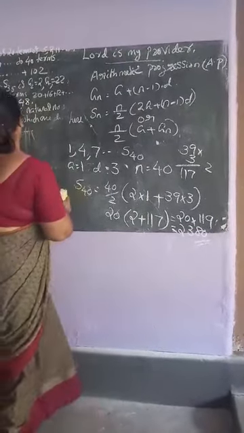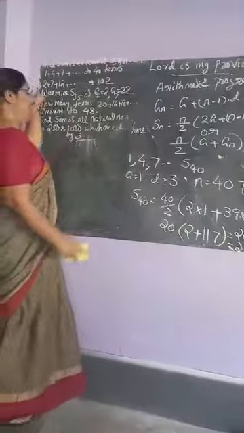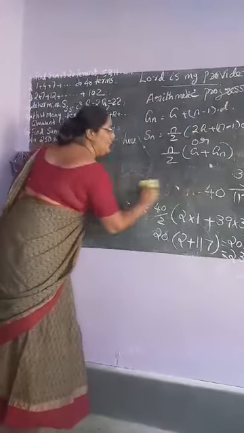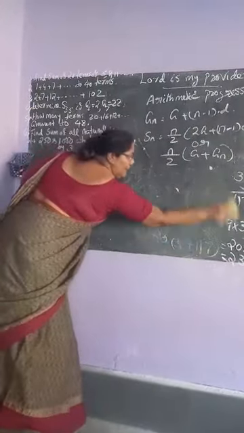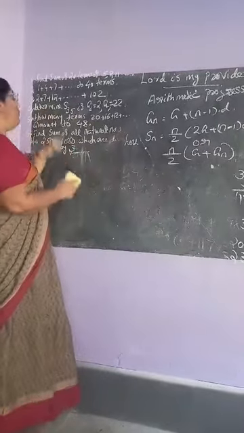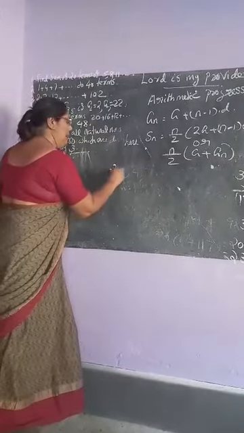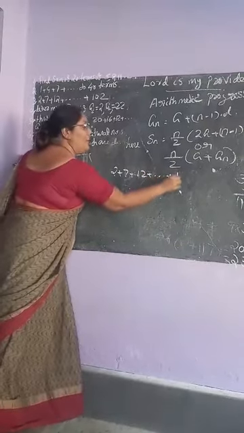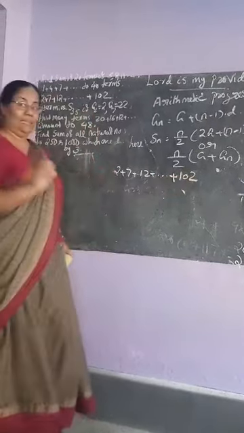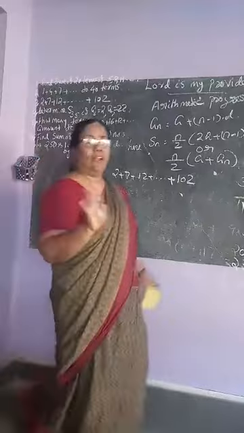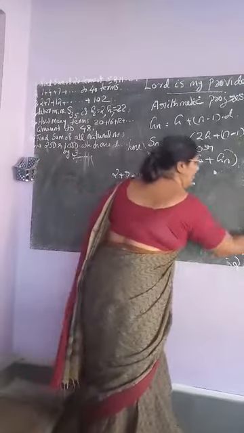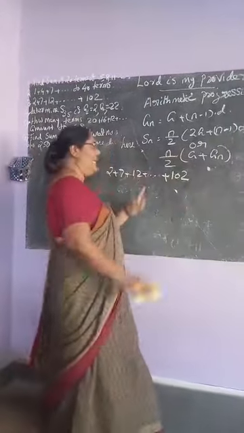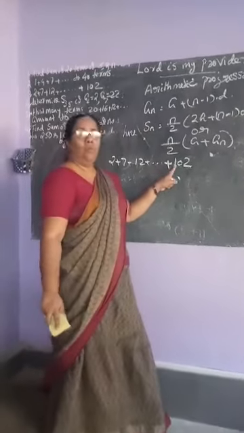Listen, the third problem is another type of problem. The third problem is 2 plus 7 plus 12 plus etc. plus 102. Here the question is not S102. Here the series ends with the term 102.